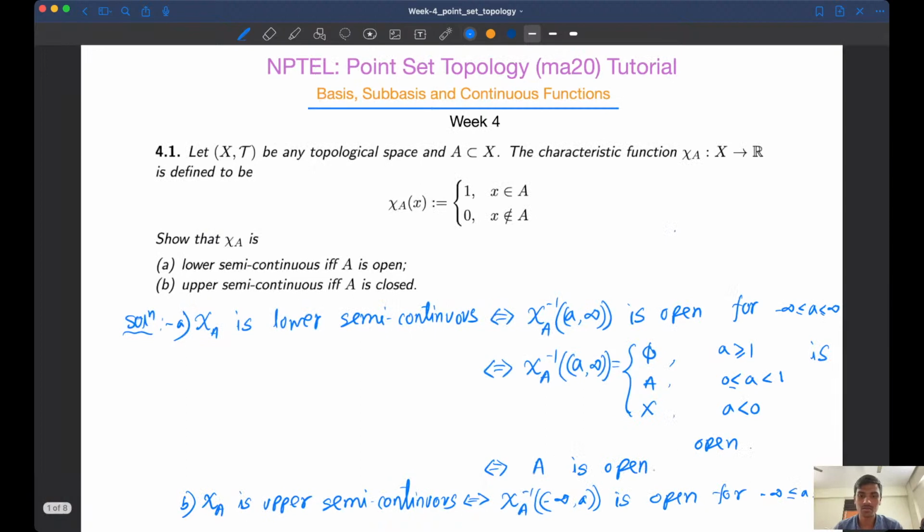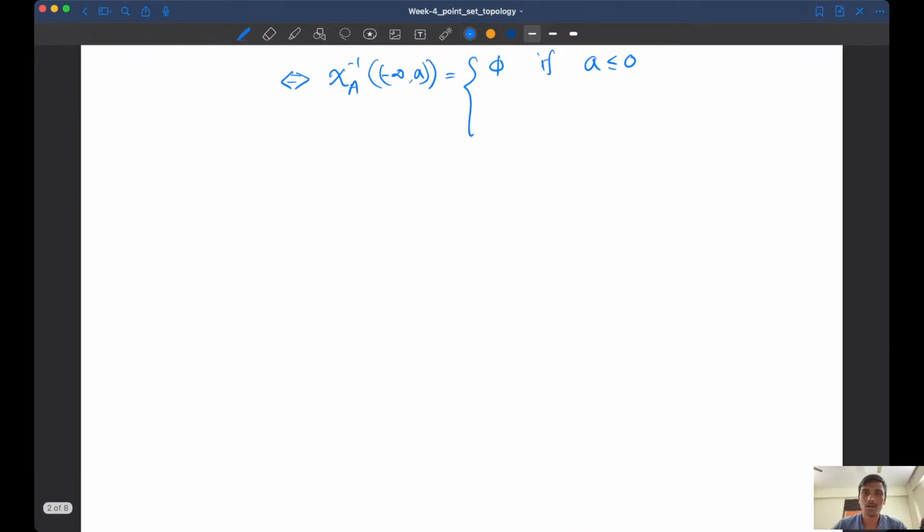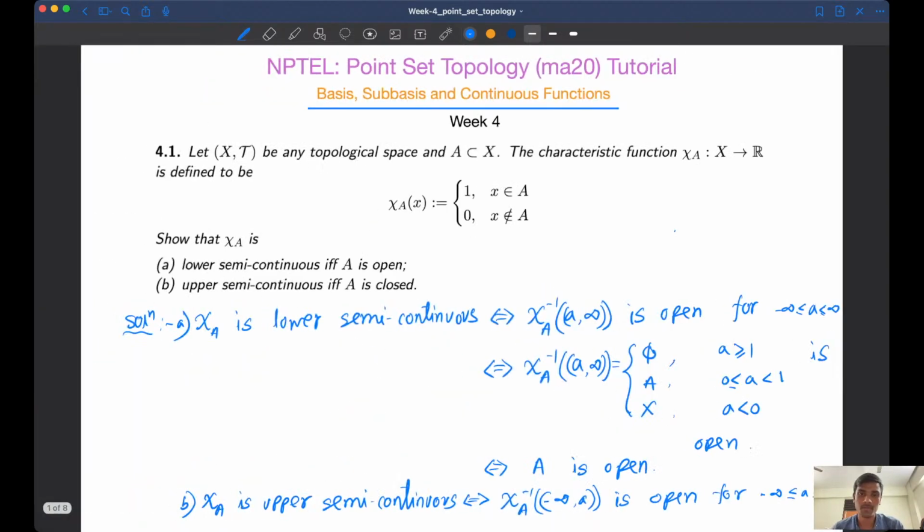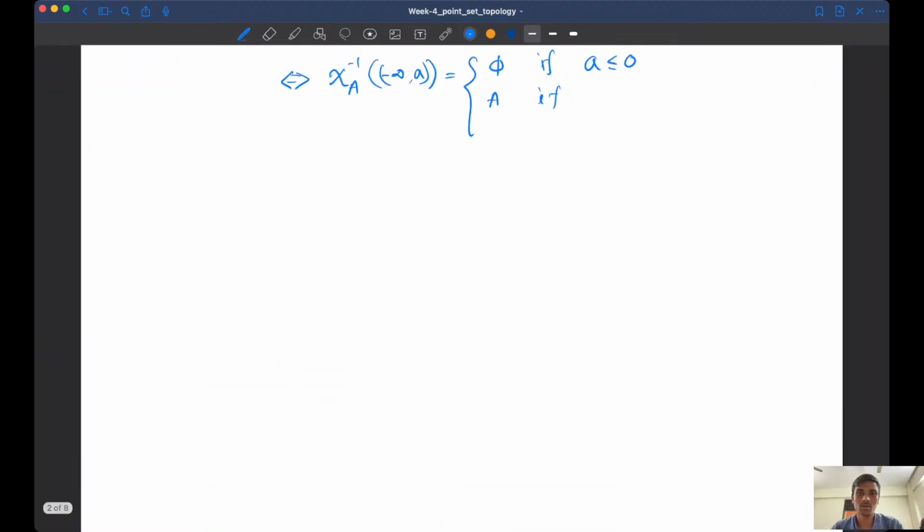Because then the interval will not include 0 or 1 both. So in this case this is phi.